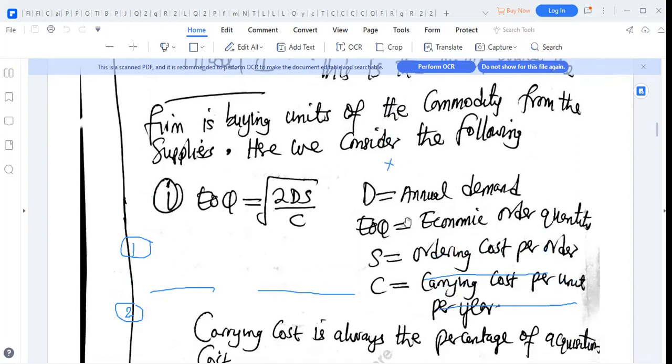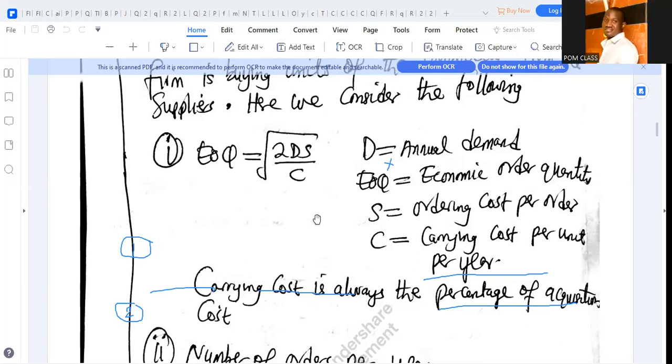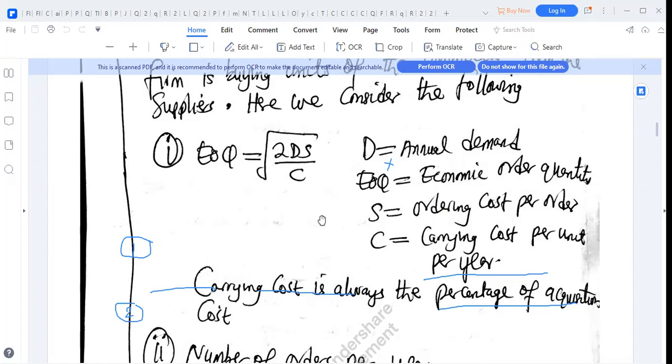Carrying cost is always a percentage of acquisition cost. So these are the components of this model.